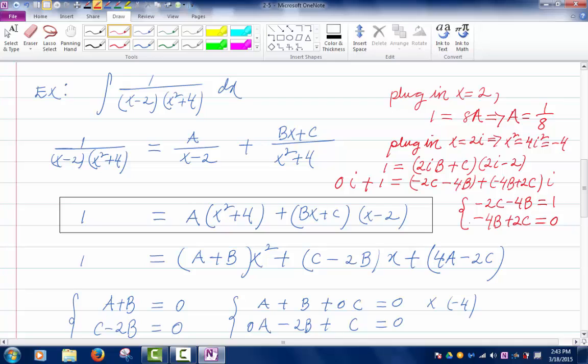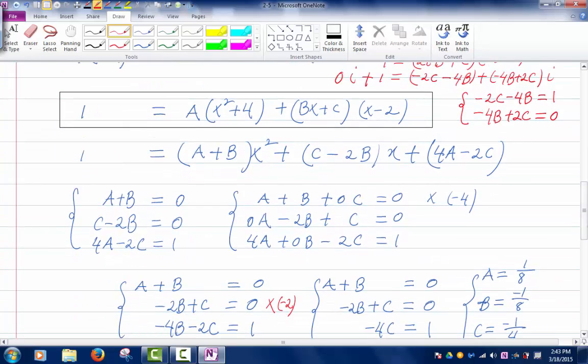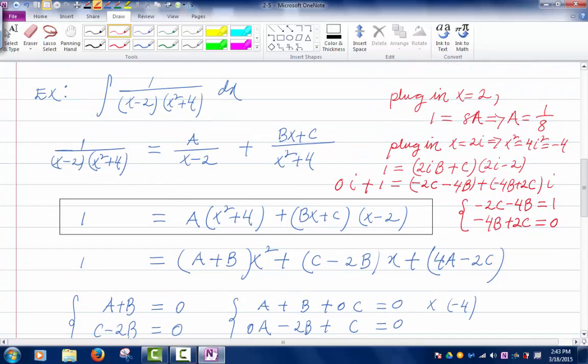But at the least, when you plug in x equals 2, you right away get a. And once you know a, when you have this set up here, you right away know what b is. And if you know a and b, then you know what c is right away. Am I making sense? You didn't have to go through all this work that I did here.